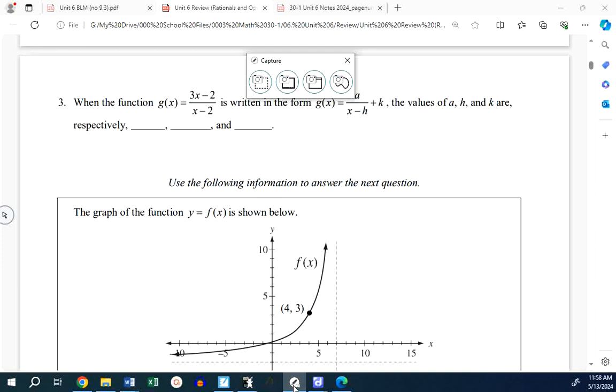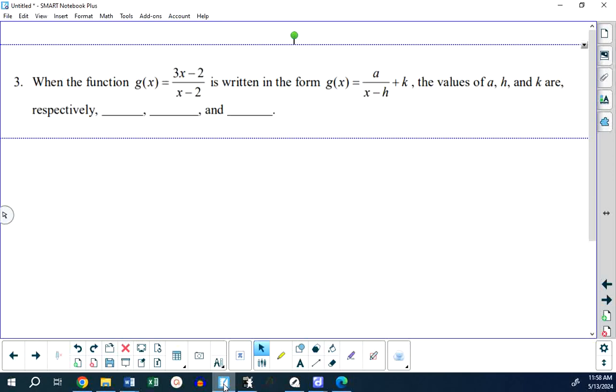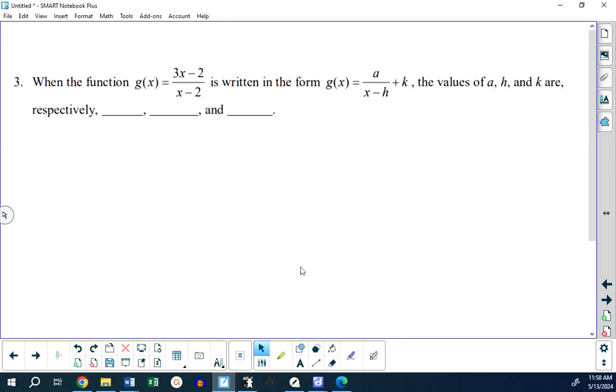So the question becomes, how do we determine a, h, and k when we have a function of this form and we want to write it as y equals a over x minus h plus k? Well, you can recognize that h is always the non-permissible value of x.